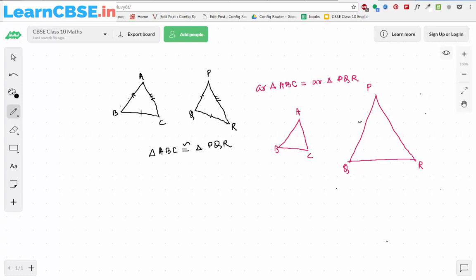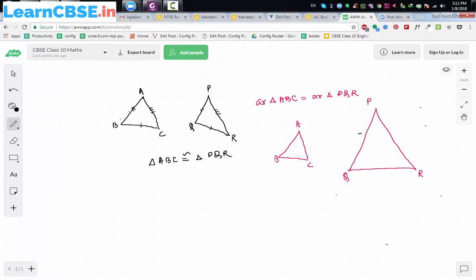only when the first figure and the second figure hold the following properties. The measurement of the angles needs to be exactly equal to the other one.